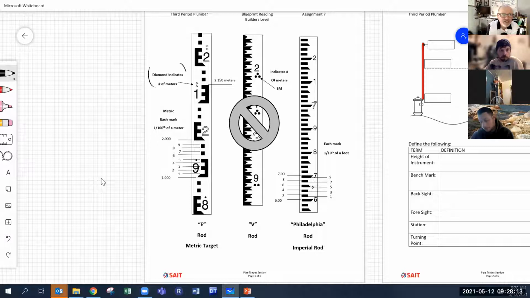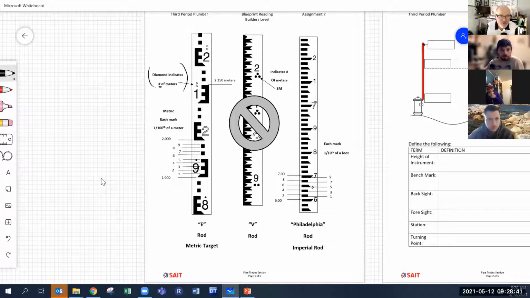The diamonds are indications of number of meters. So there's 2 diamonds on here, 1, 2. So that tells me that's 2 meters. One of those diamonds tells me it's 1 meter. And so that is just an indication of what that rod reading is.